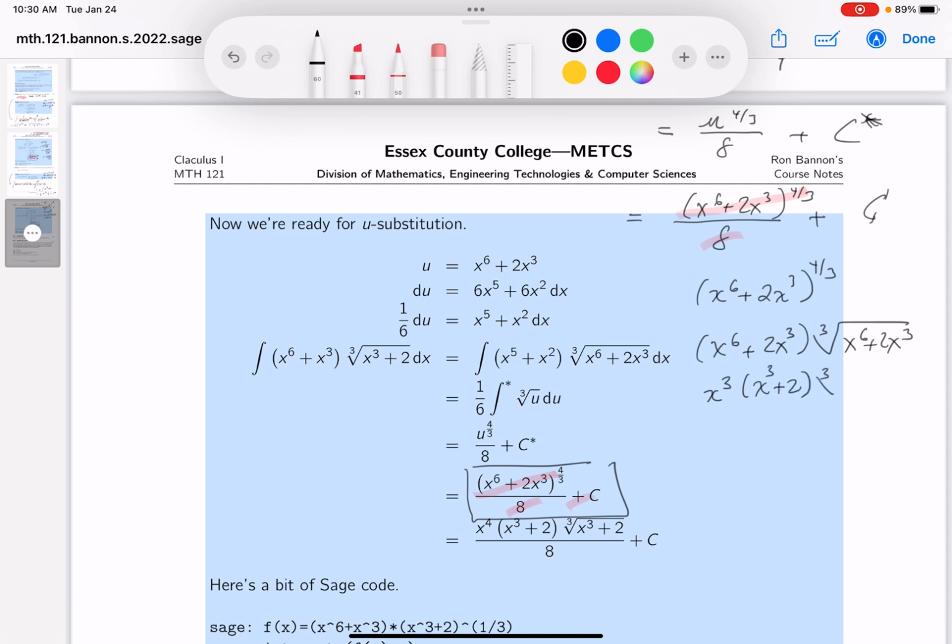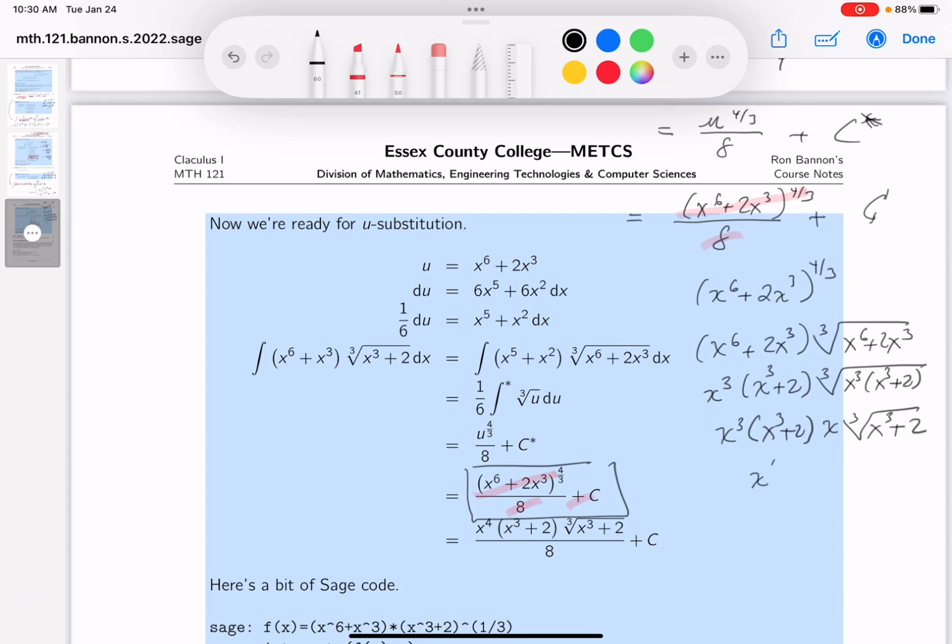I'm going to factor what's inside the radicand. It's really the same thing. It's x cubed plus 2. I think I can do that. You get x cubed plus 2. The cube root of x cubed is x. We're left with the cube root of x cubed plus 2.